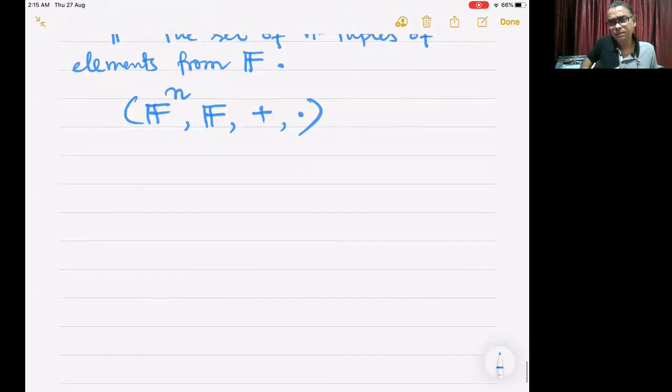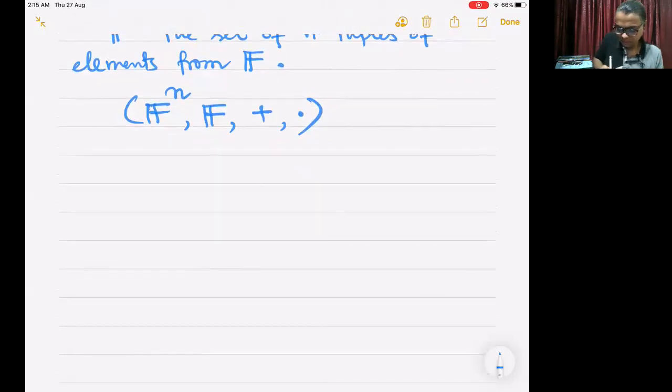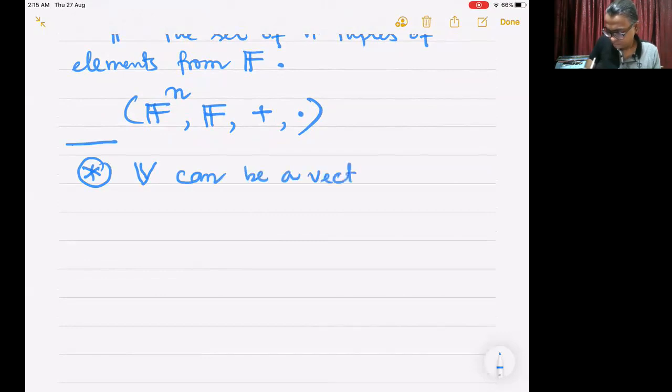Sometimes the same set V can be a vector space over distinct fields.